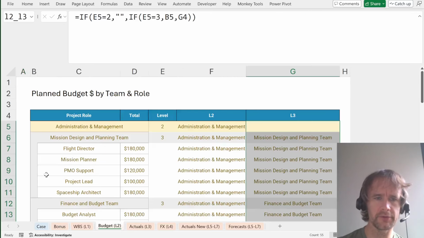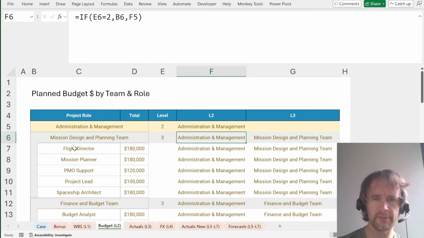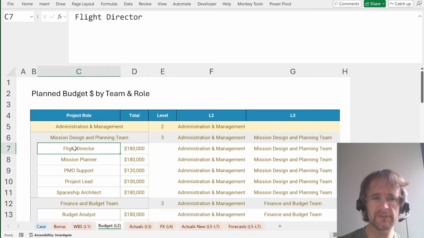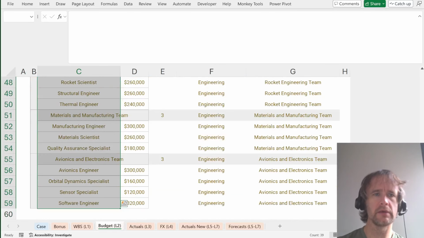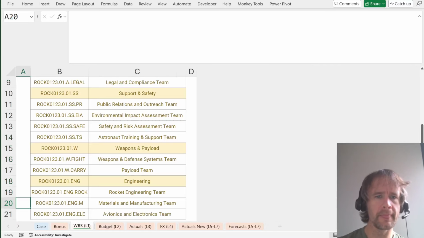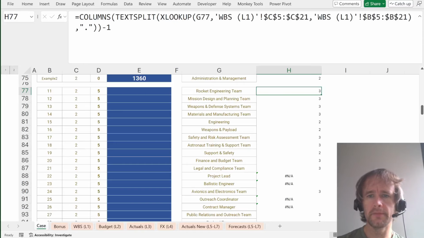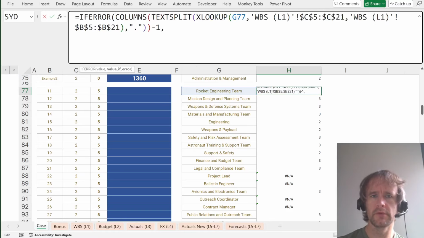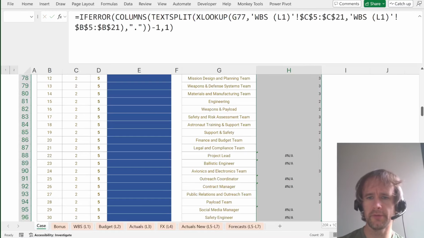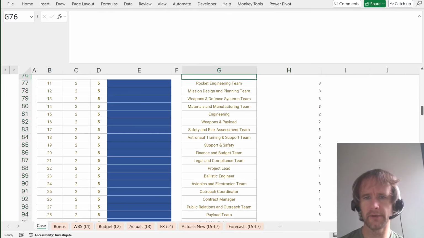So in other words, if it doesn't match any level, then we want this. So I'll just tag this whole thing as well. I'll just call this L2 line. So we'll say IFERROR, just make it IFERROR 1, and 1 can be the line.